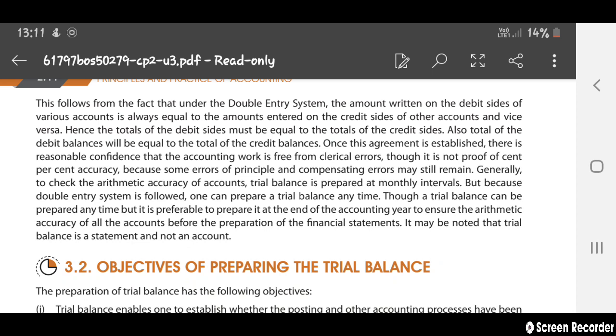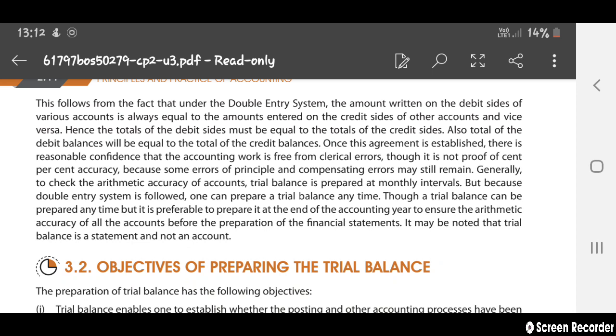Once you establish this agreement, there is reasonable confidence that the accounting work is free from clerical errors, though it is not proof of cent percent accuracy of accounting.